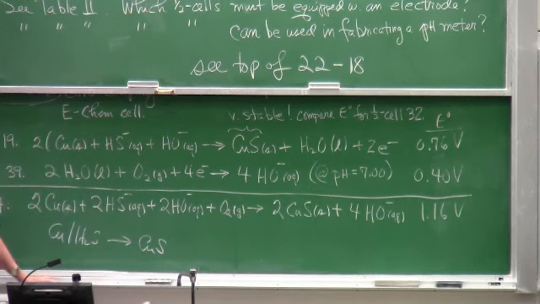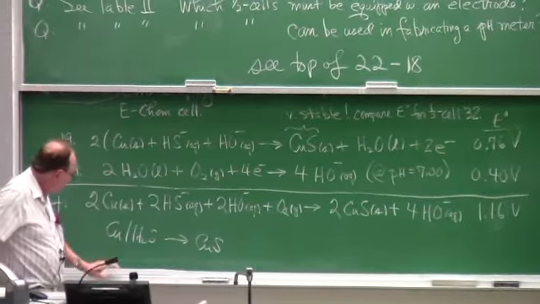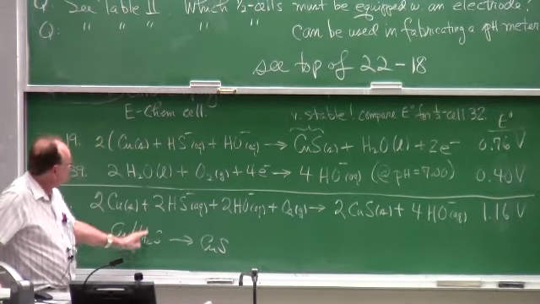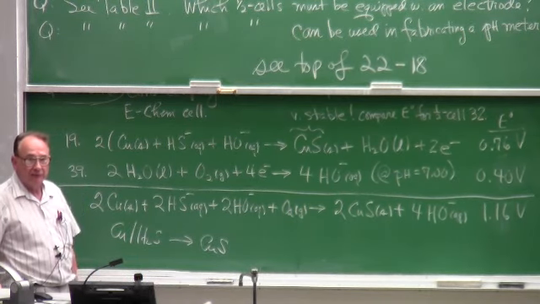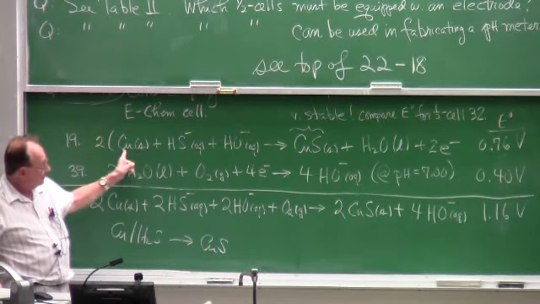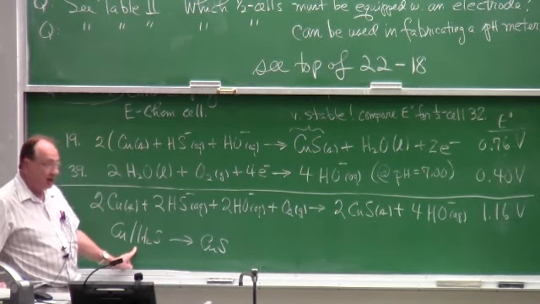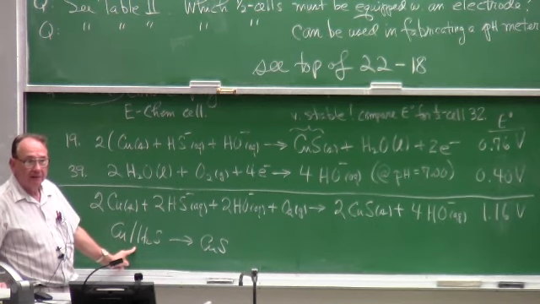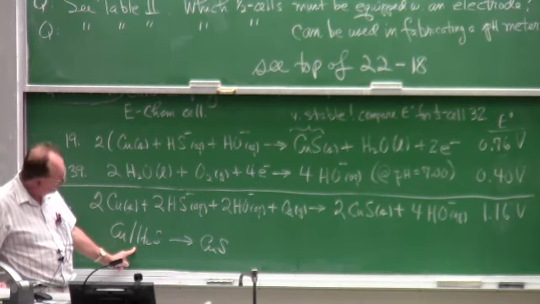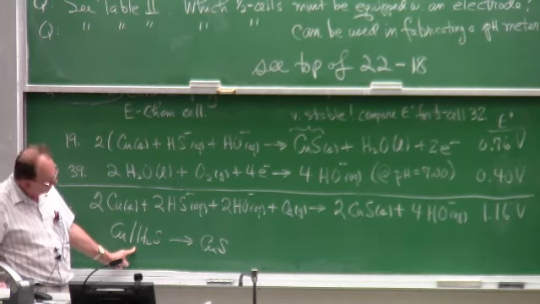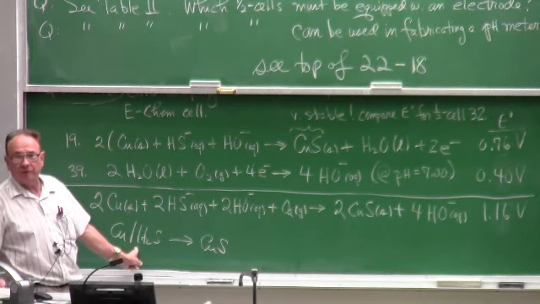Which is the better reducing system? Under what conditions is copper the stronger reducer? When it's oxidized by H2S or when it's oxidized by HS minus in the presence of hydroxide ion? Hey, this is plus 0.76 volts. What's E0 for this one? Plus 0.134 volts. Is that right?